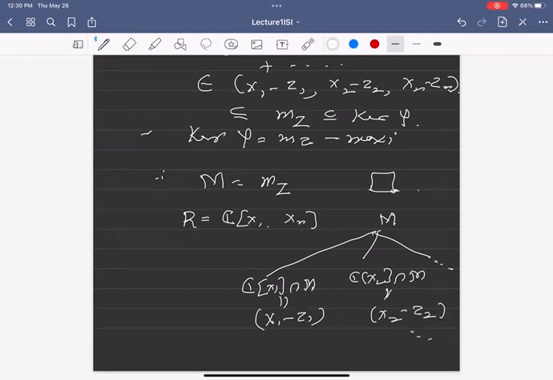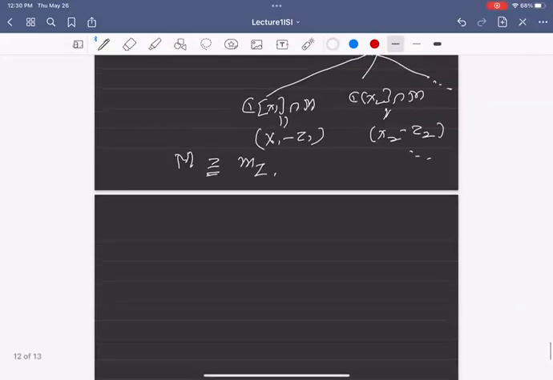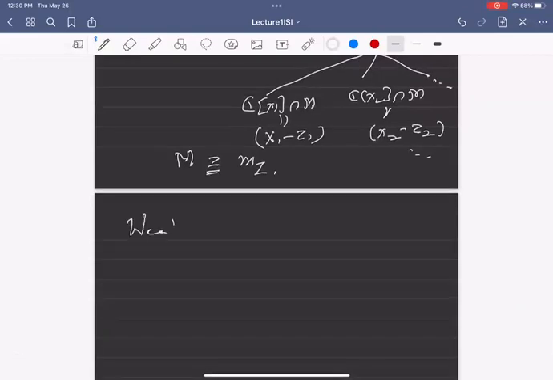I picked up these linear polynomials and looked at M, which contains mz, and then finally proved that mz is a maximal ideal, so M must be equal to mz. So this is the weak Nullstellensatz.